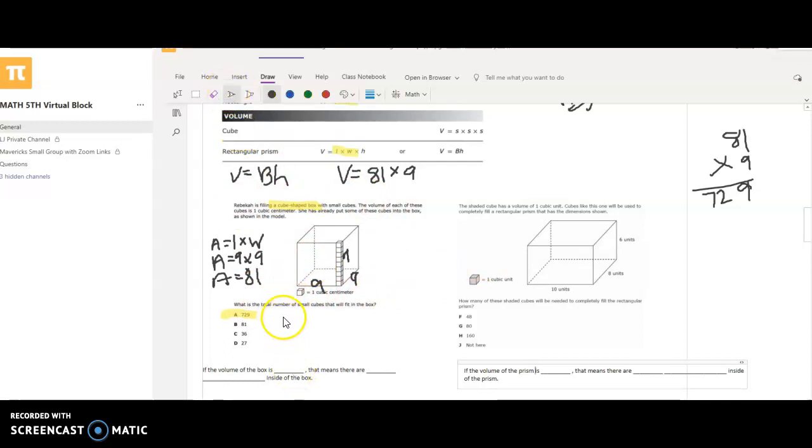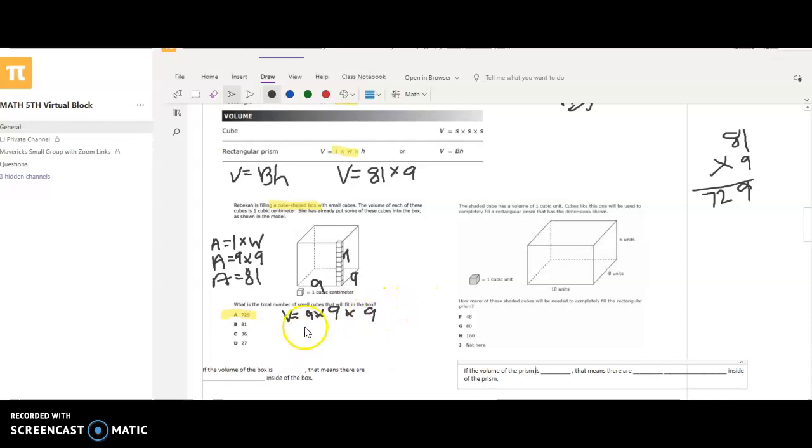Another way you could have done it is volume is equal to 9 times 9 times 9. Now, someone might look at this and think, oh, 9 times 3, 27. Ooh, and look how tricky they gave that answer choice there.